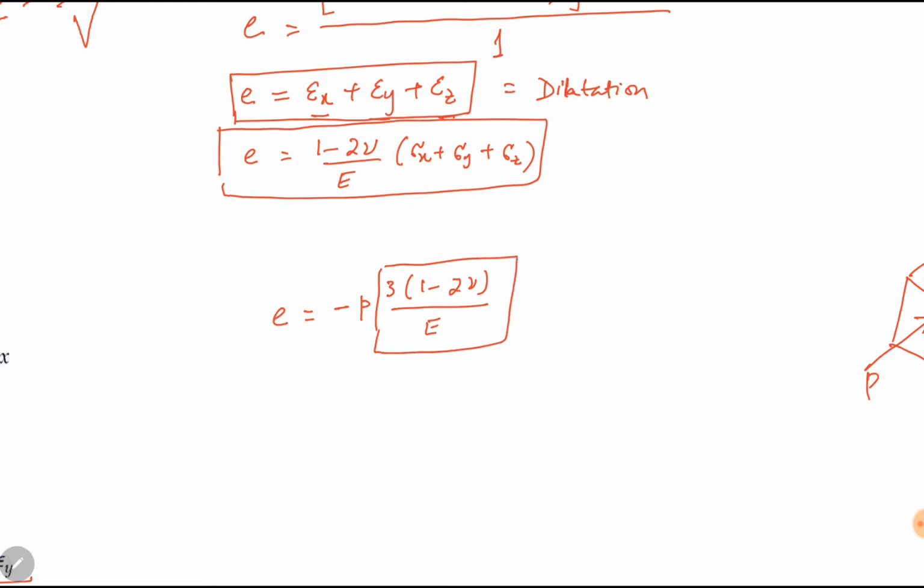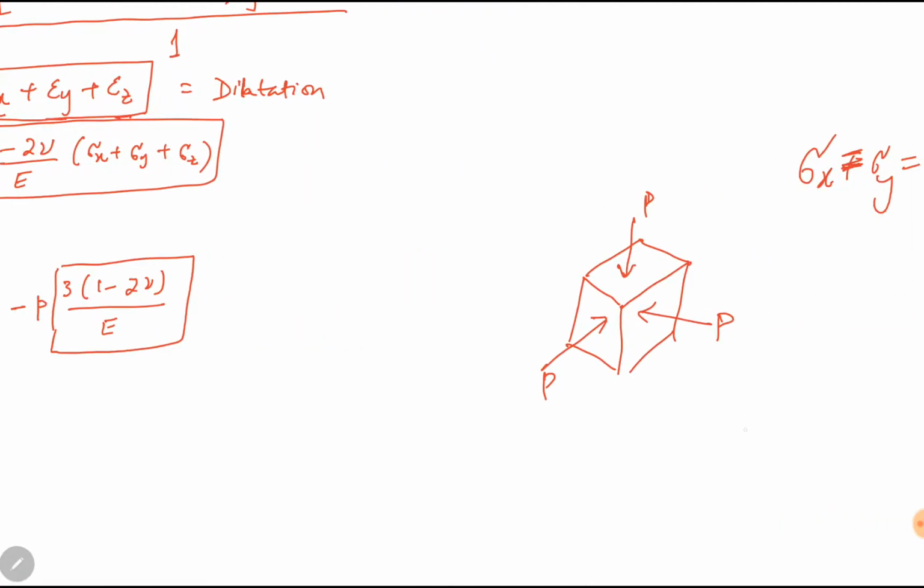So let us call E by 3 into (1 minus 2 nu) equal to K, small k. This is bulk modulus. So here it is 1 over K, it becomes minus p over K. K is bulk modulus, and bulk modulus is resistance to volumetric change.